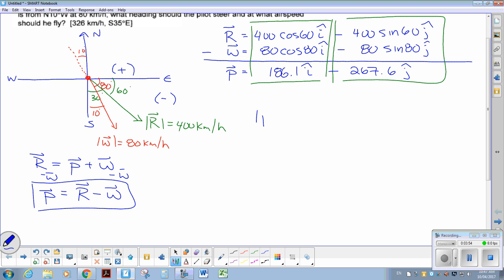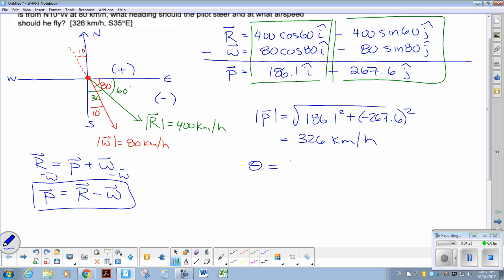So the plane vector is equal to the square root of 186.1 squared plus negative 267.6 squared. Square root my answer, and we get 326 kilometers an hour.